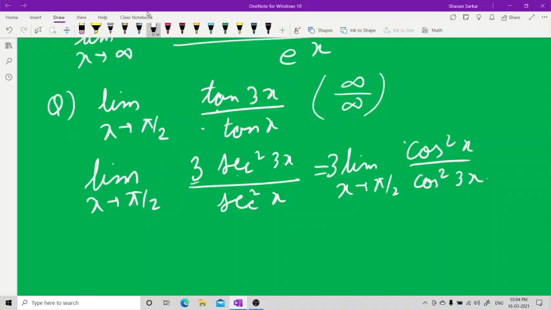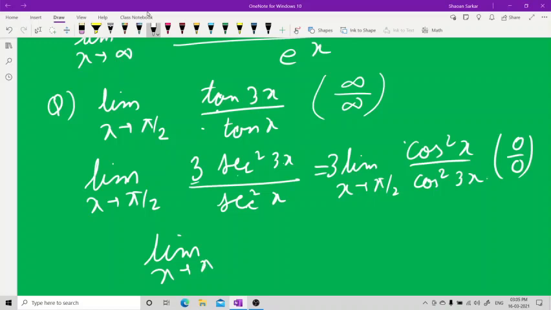Now at pi by 2, cos pi by 2, that is cos 90, is 0. This now becomes 0 by 0. Again, use L'Hopital rule.